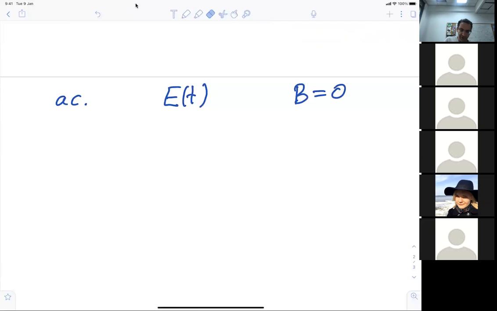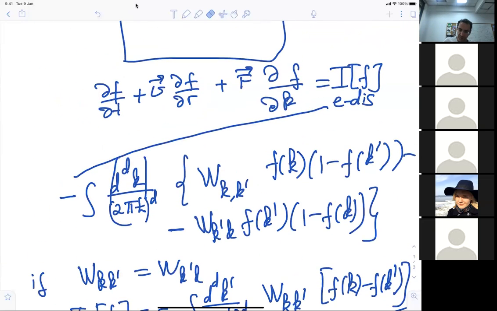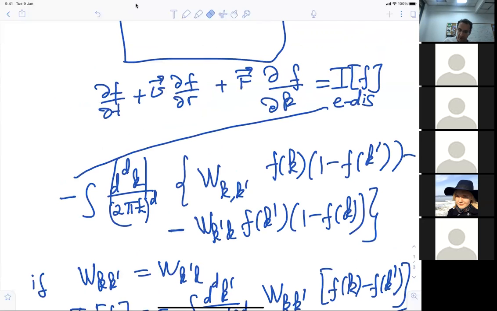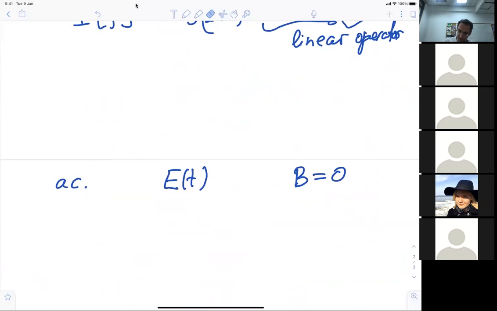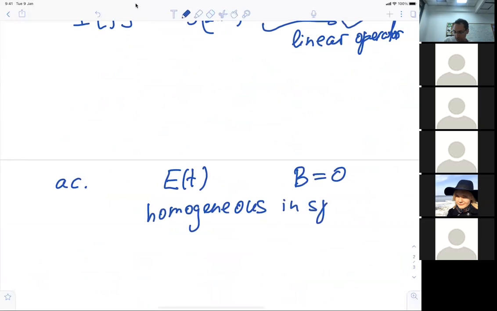So then the Boltzmann equation, right, time-dependent, but position independent, so constant. So it's homogeneous in space. In other words, E is a function of t, but not a function of r.